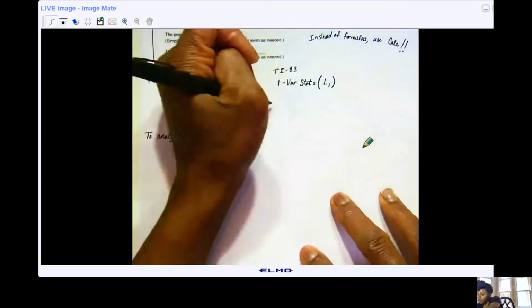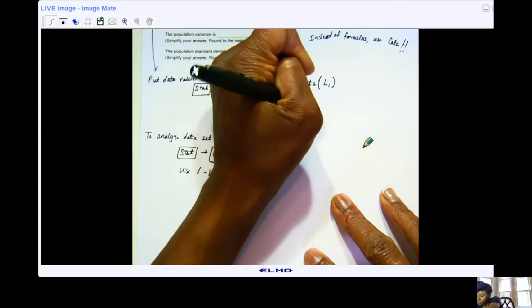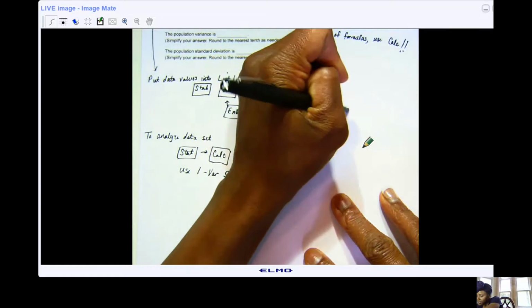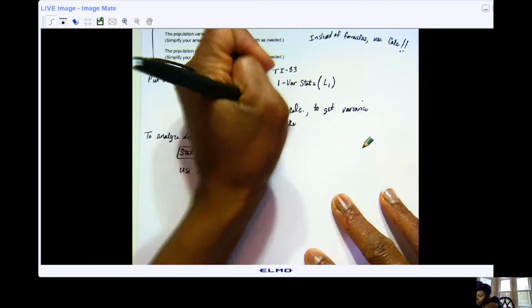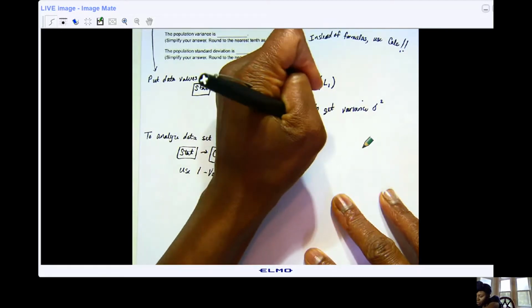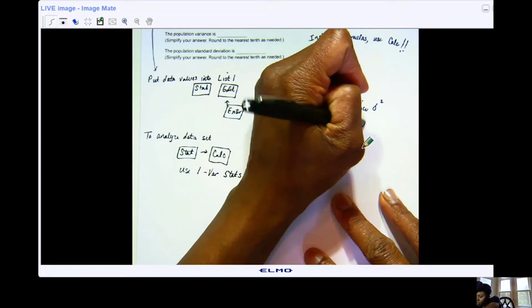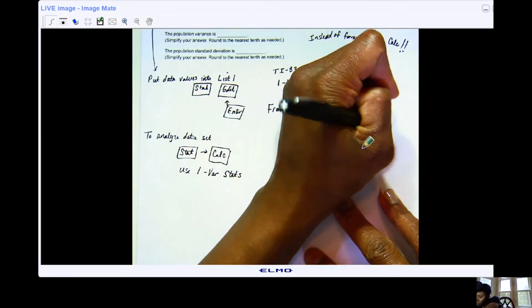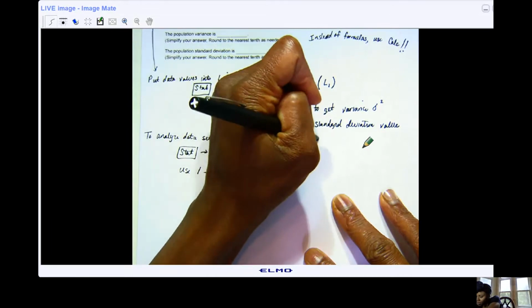So from the calculator, to get variance, take the standard deviation value and square it.